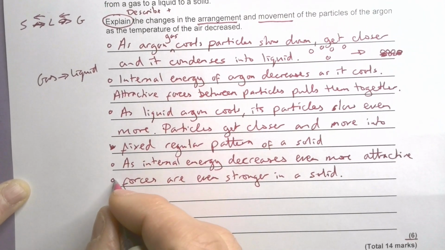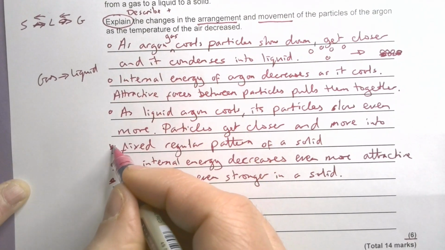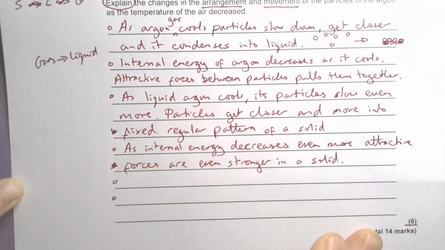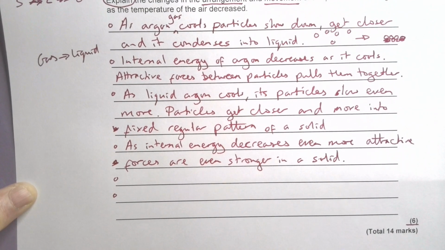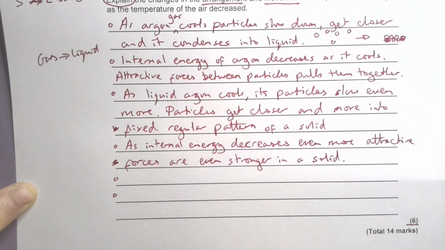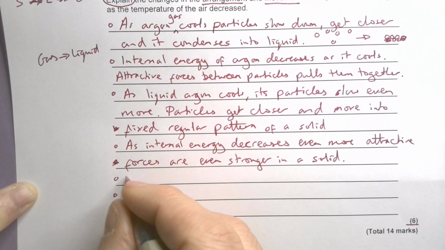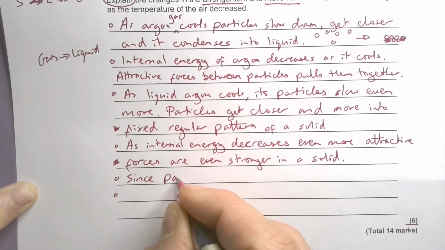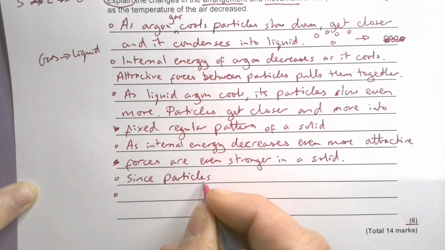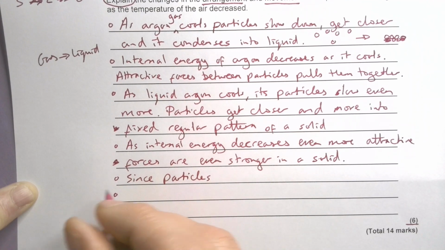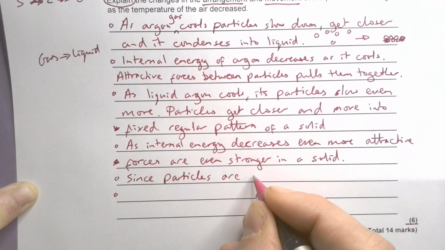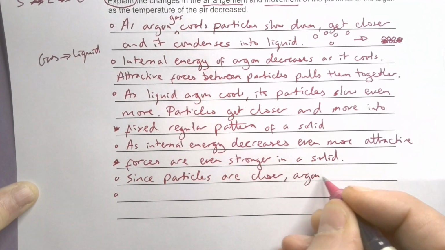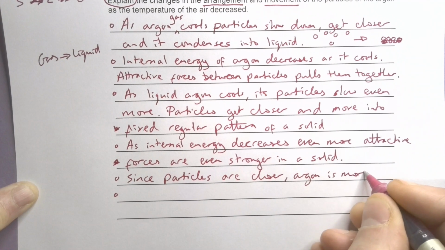Okay, I've got 1, 2, 3, 4 bullets. I've probably got 2 more bullets left to write about. So let's think what else I can write. The density's changed, hasn't it? So the particles are closer. I've probably done enough to get the 6 marks already, because I've made lots of links there. But let's make sure. Since particles are closer, the argon is more dense.